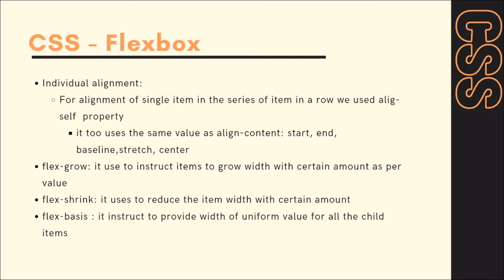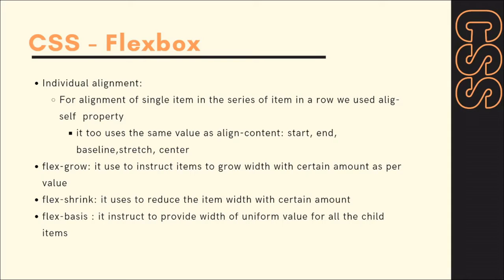Moving on with the next topic, that is the individual alignment. For alignment of single items in a series of items in a row, we use the align self property. It uses the same values as align content such as start, end, baseline, stretch and center. And there are some common properties for the flexbox such as flex grow, shrink and basis.